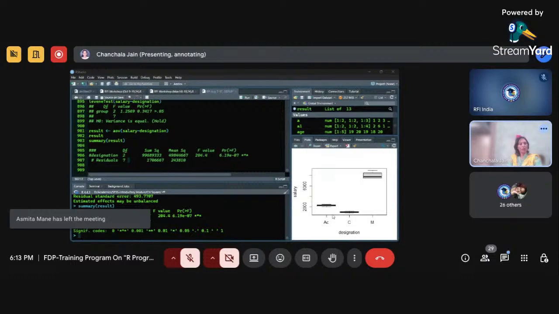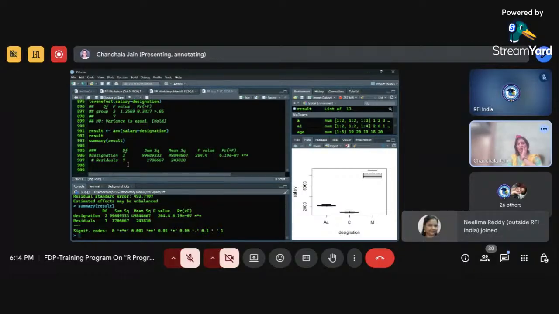So now the sources of variation are designation and the residual. Degrees of freedom will be 2 and 7. Sum of square is like x minus x bar square, whatever we generally find when finding the standard deviation. So this is that sum of square.